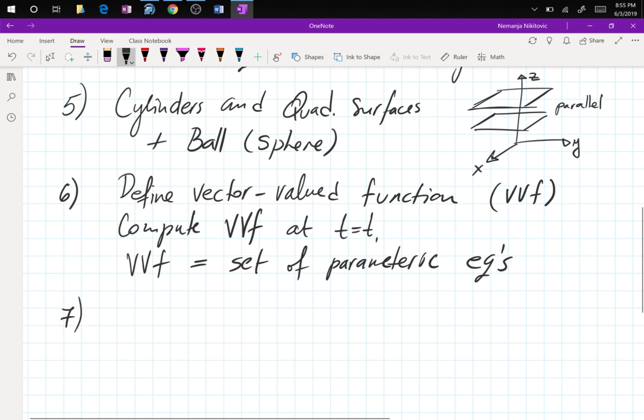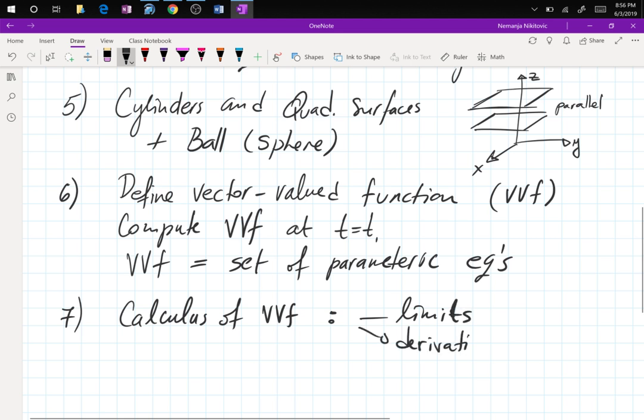Number 7, calculus of vector valued functions, and that breaks down into limits, derivatives, and integrals.